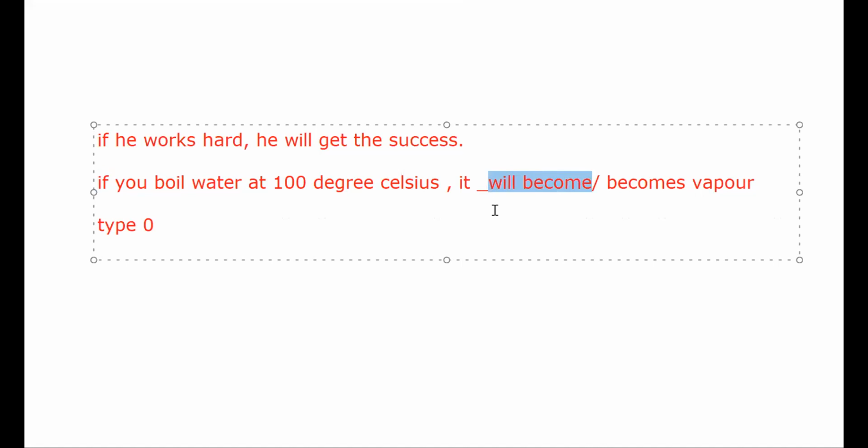Wherever you want to express universal facts, general facts, permanent facts, your expression is always present form. That is the reason this is called type 0. Yesterday I just mentioned it but did not give any explanation. It becomes vapor, whereas this one, if he works hard, he will get the success, is not a universal fact. That's the reason chances are there. If you do this one, this always happens. That's the reason it becomes.